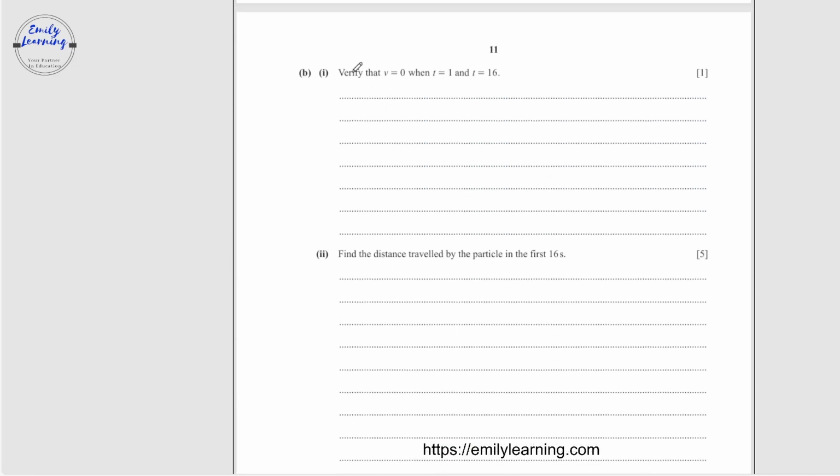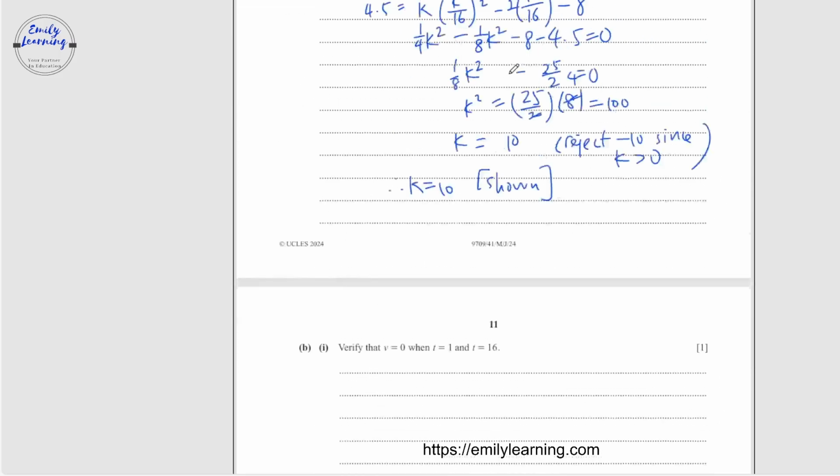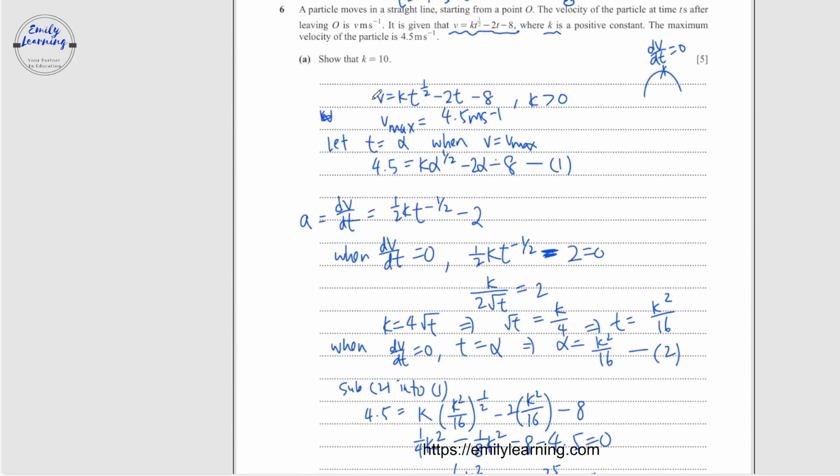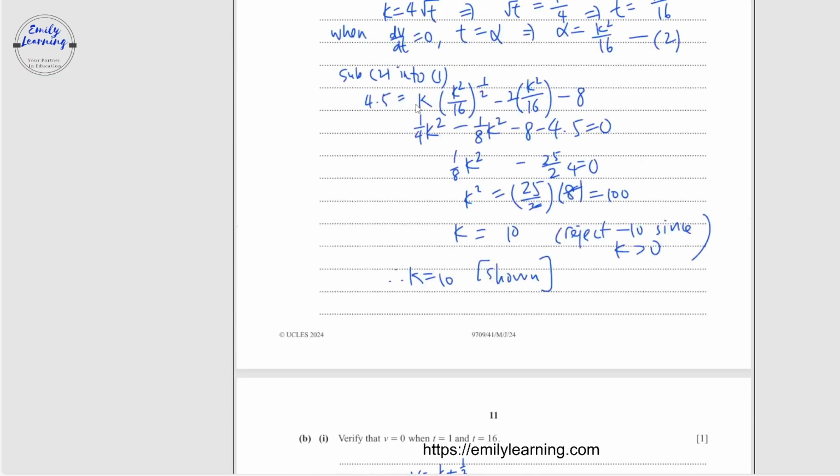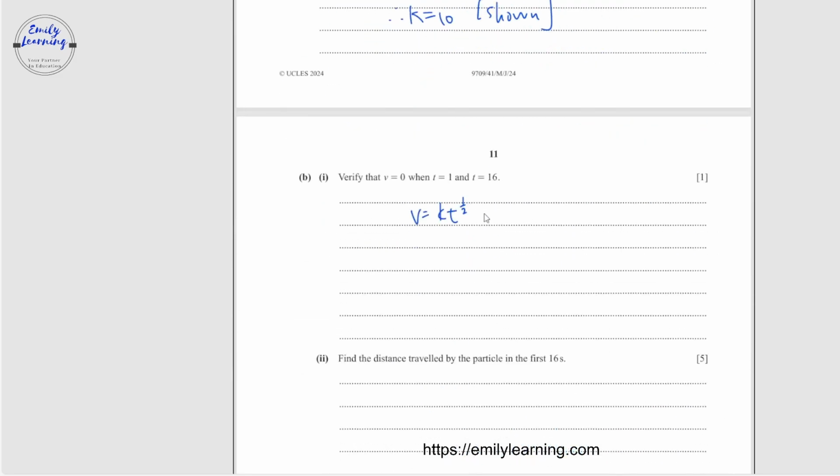Moving on, you need to verify that v equals to 0 when t equals to 1 and t equals to 16. So again, basically, sub in v equals to 0 into the equation v equals to k t to the power of half minus 2t minus 8.